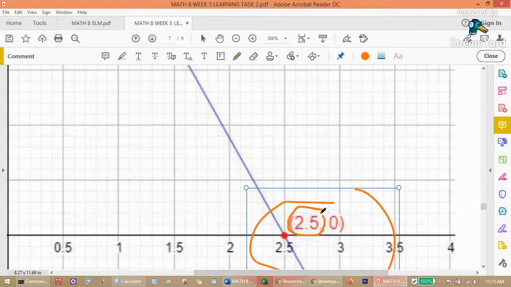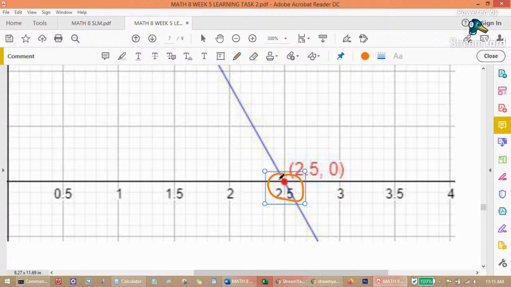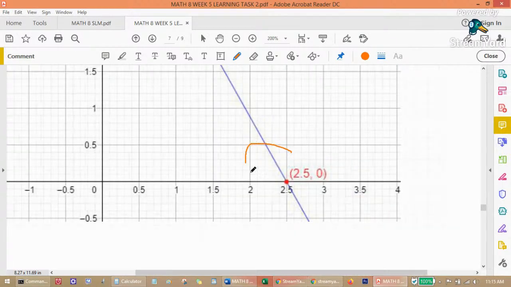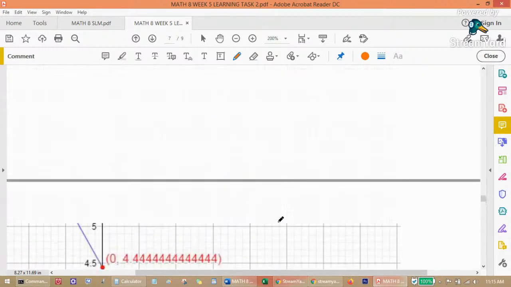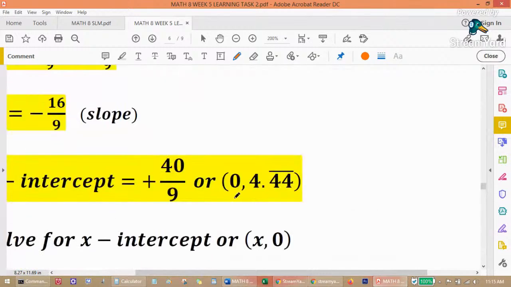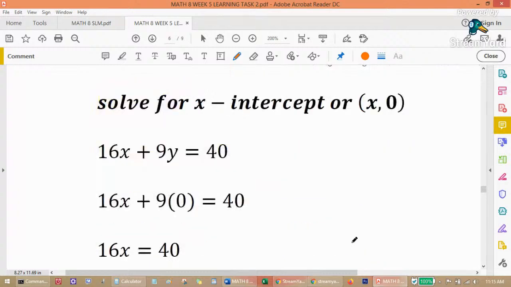X is 2.5 and y is 0. So, dito sa point na to, nag-i-intersection or nagko-cross yung graph ay yung x-axis. Okay? Then, hanapin natin yung pangalawang point. The y-intercept, x is 0.